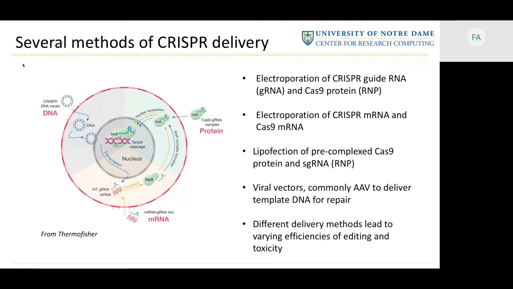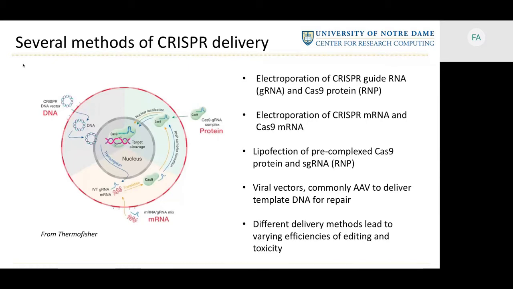other components like CRISPR-Cas9 into cells. And normally, you can deliver CRISPR-Cas9 either in the form of RNA, whereby the Cas9 mRNA delivered into cells can then be translated into the Cas9 protein.